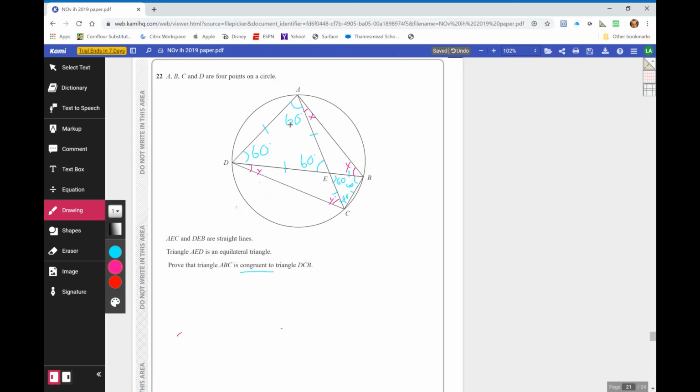So first of all, that already proves CDB equals CAB, and that's because angles in the same segment are equal. So that proves one of the angles are the same.